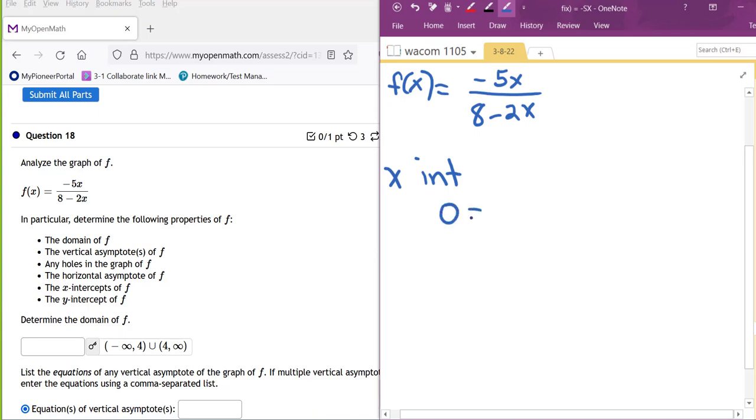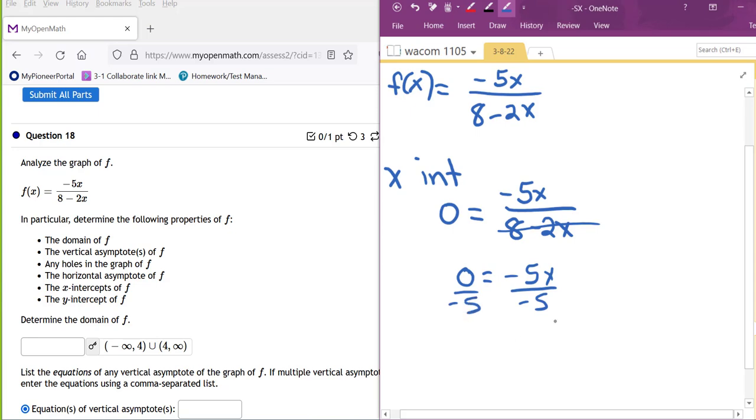So 0 equals this whole fraction, but all you really care about here is the numerator, because if you think of numbers, if you get 0 over anything, it's going to be 0. So you can actually not worry about this and just do 0 equals negative 5x and solve, because it doesn't matter what this is if you get a 0 on the numerator. So you divide by negative 5, but you get x equals 0. So the x and y intercept are the same. They are both 0, 0.